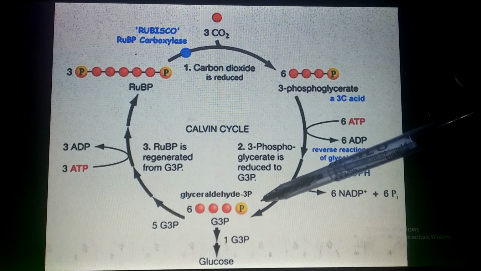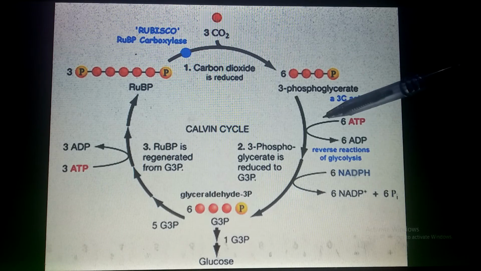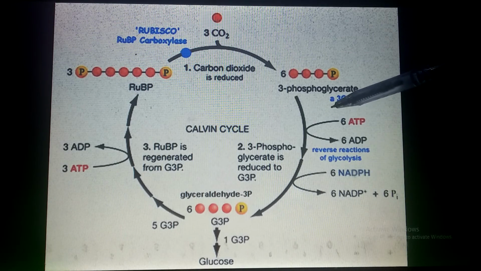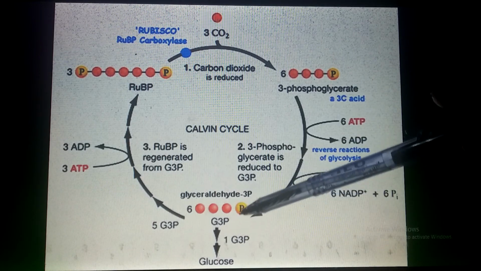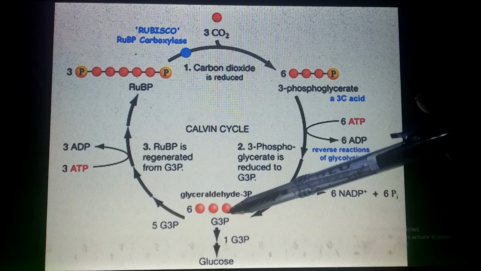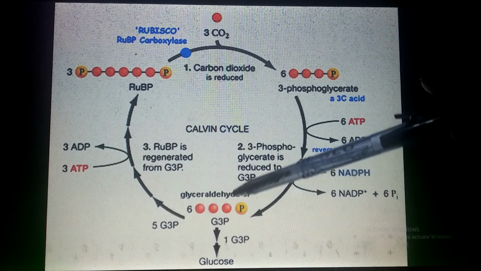This is the reduction, because hydrogen ions or protons react with this phosphoglycerate and convert it into aldehyde, phosphoglyceraldehyde, a 3 carbon compound, and 6 molecules are produced.